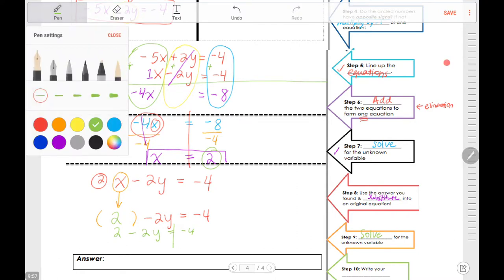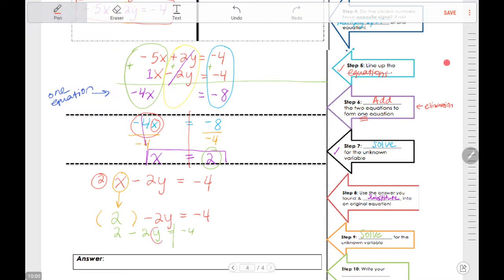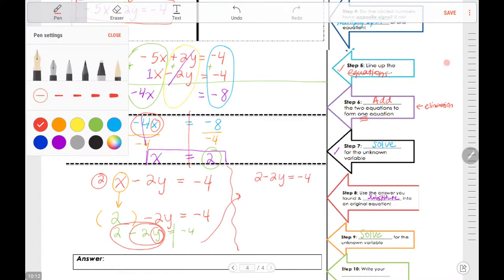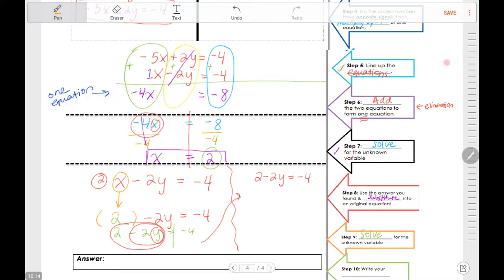So to get y by itself, circle the y, I have a negative 2 around it, and I have a 2. I'm going to move my work over here, so don't get confused. I'm just copying down 2 minus 2y equals negative 4. I'm trying to get y by itself. There's a negative 2 around it, and then there's a 2.